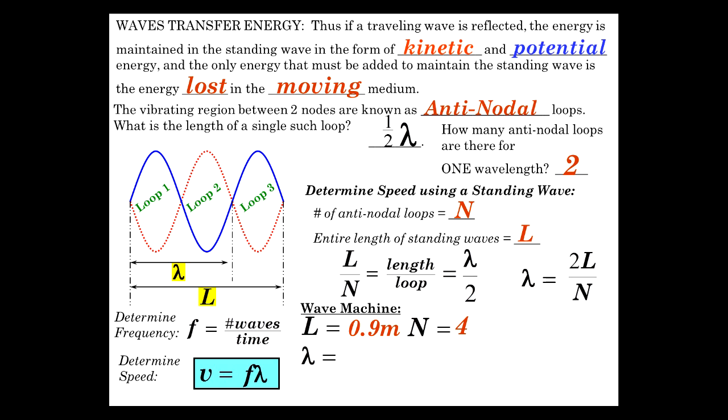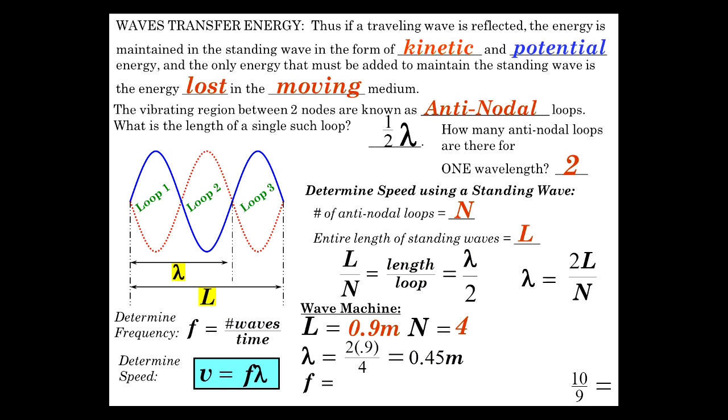Make 4 antinodal loops in 0.9 meters. The wavelength is 2 times L over n, so 2 times 0.9 over 4, and that's 0.45 meters, so that's a wavelength. If there are 4 antinodal loops, that means 2 waves anyway. So 1 wave would be half of the total length, which is 0.45, half of 0.9.